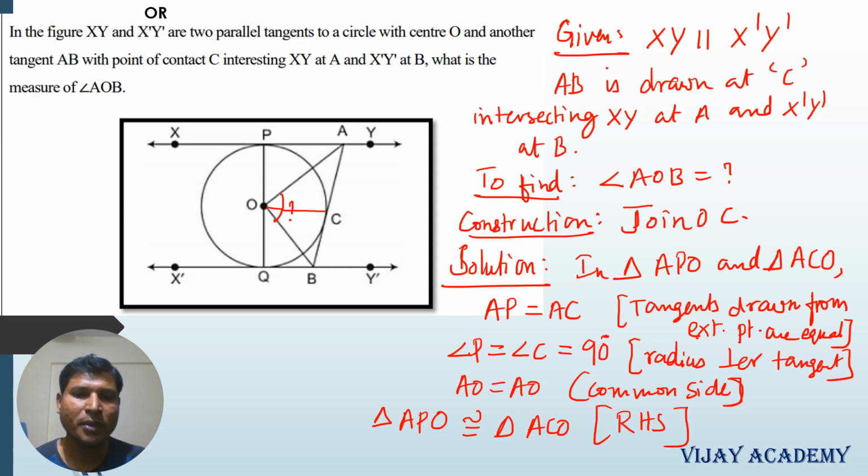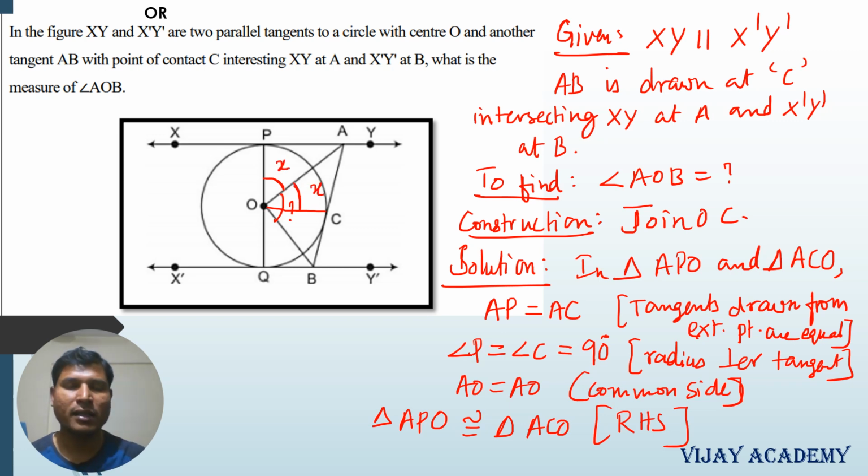So we proved that triangle APO is congruent to triangle ACO. After proving these two triangles are congruent, we can write that angle AOP and angle AOC are equal from CPCT.